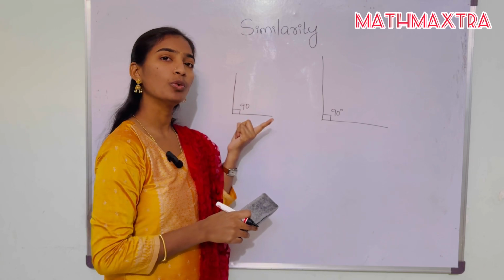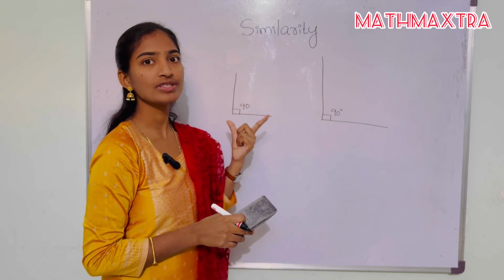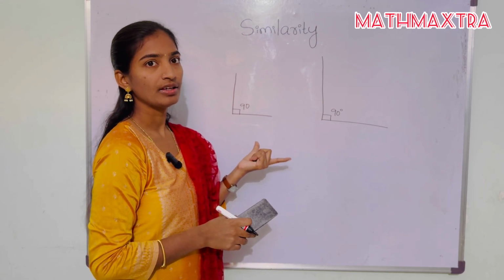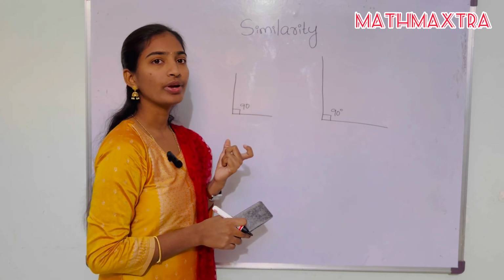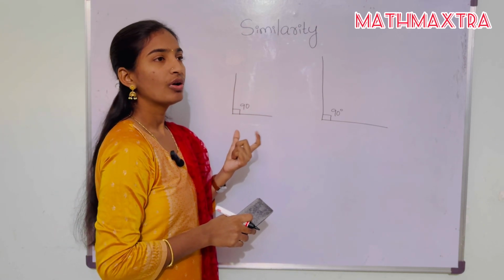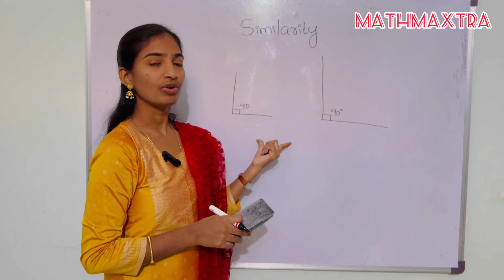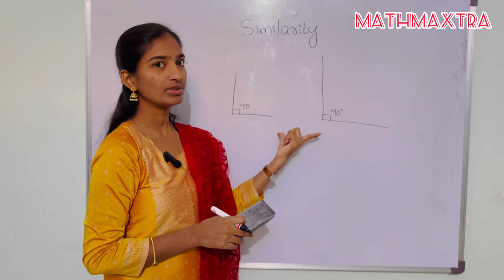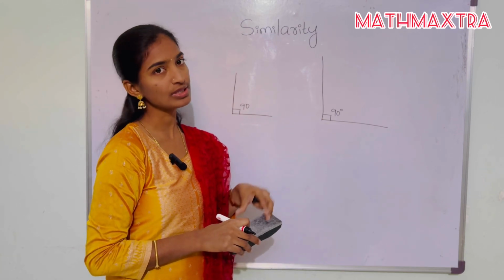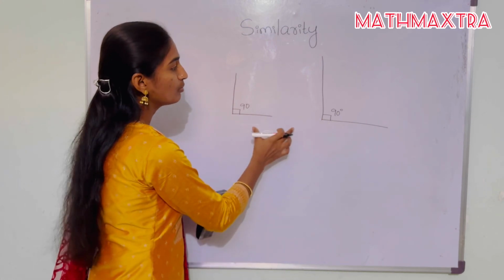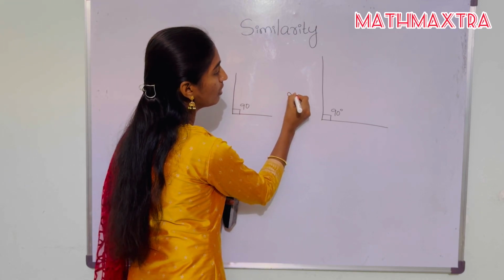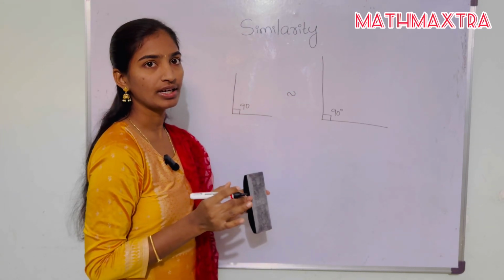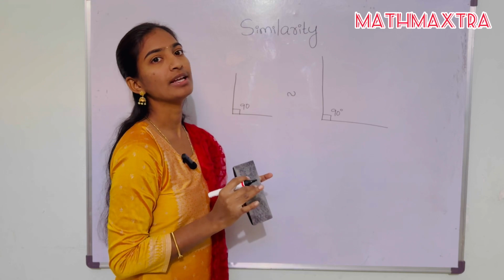They have the same shape and the same size. That is why we said they are congruent to each other. Here only one condition is enough to satisfy, and that is already satisfied because all right angles have the same shape. That is why both right angles are always similar. You take any two right angles, they are always similar.